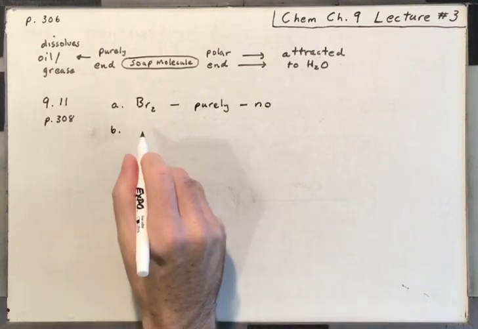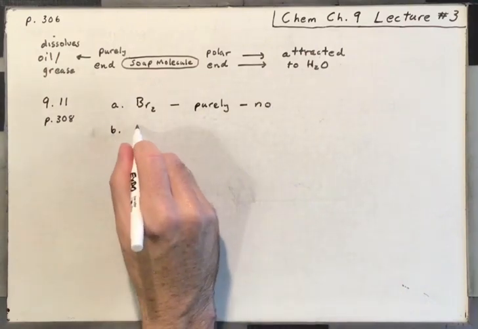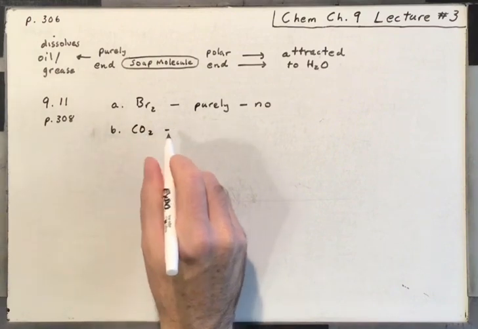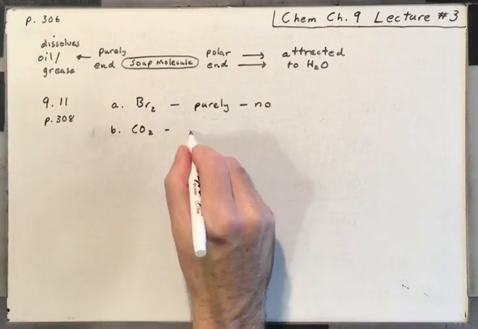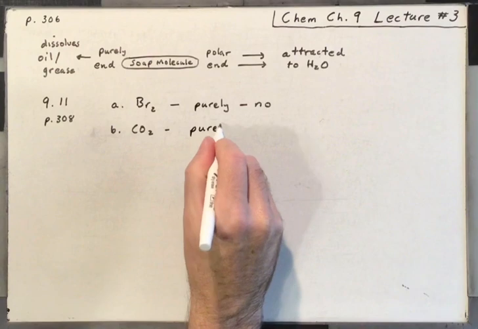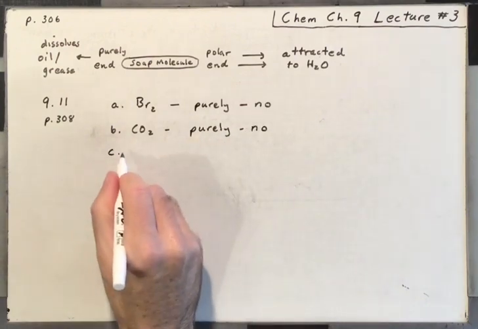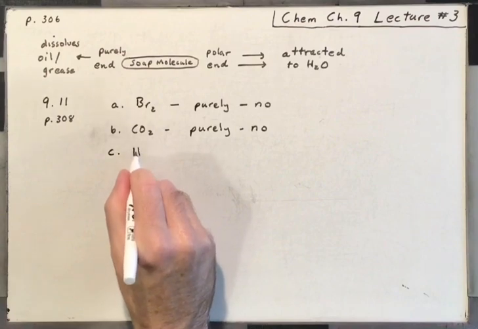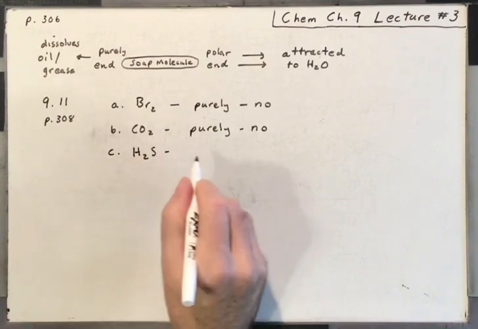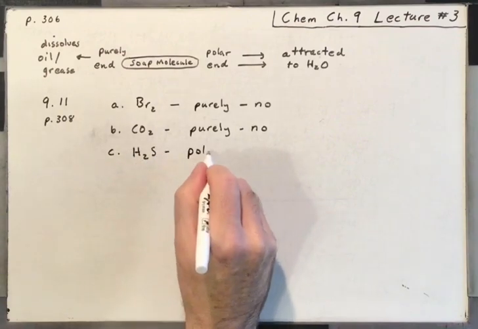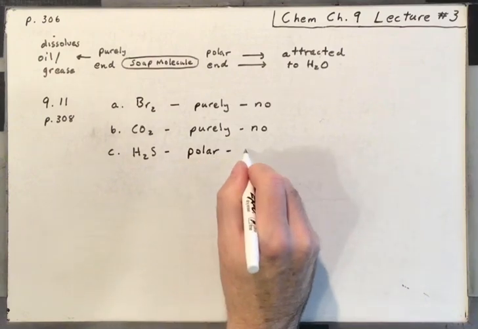So you kind of have to go back and look at your 9.10. CO2, that was the linear shape that canceled out, so it was purely covalent. So it's no, it won't dissolve in water. H2S, that was the bent shape that we drew. It's polar. Will it dissolve in water?